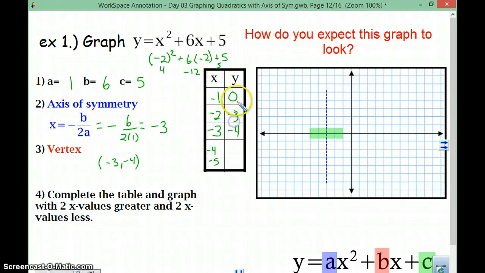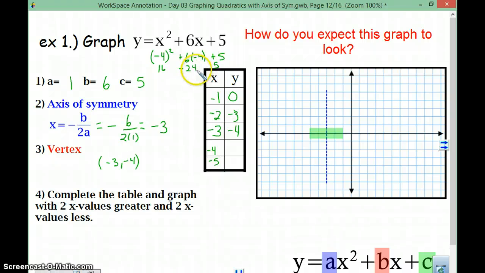Negative 3. What do you think I'm going to get if I put negative 4 in? Any predictions? Negative 4 squared plus 6 times negative 4 plus 5. Okay, this becomes 16 minus 24 plus 5. Add the positives up first. What's 16 plus 5? That's 21.